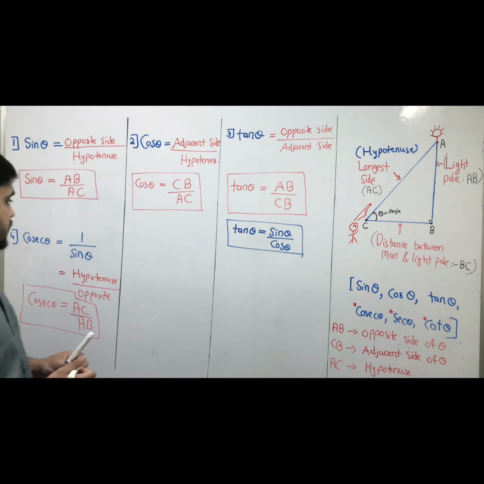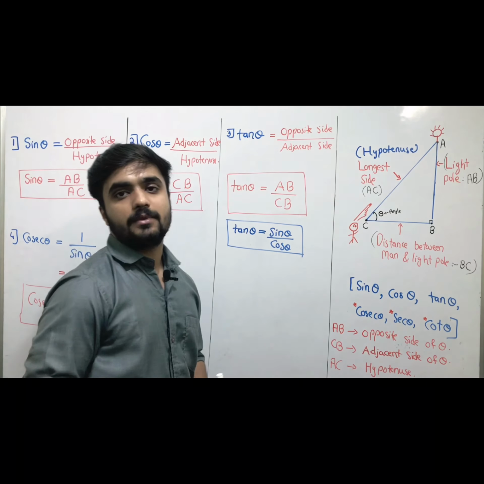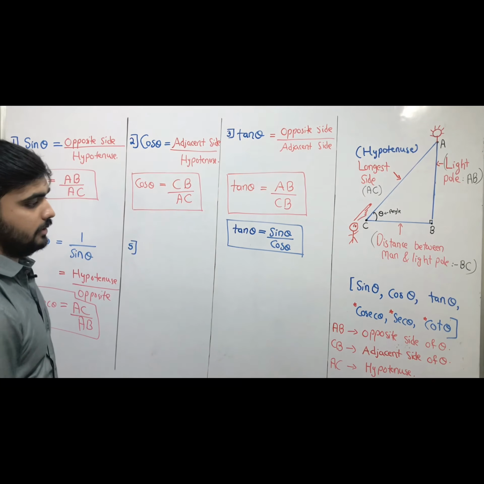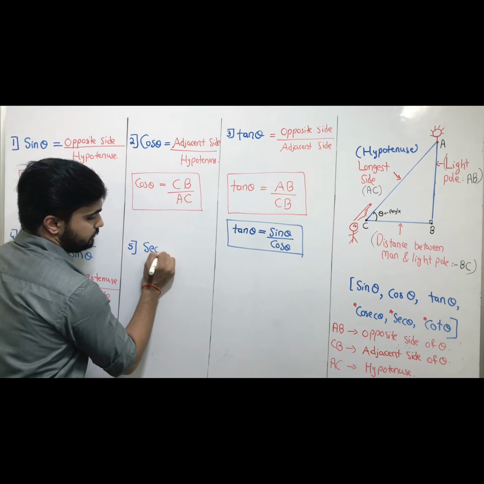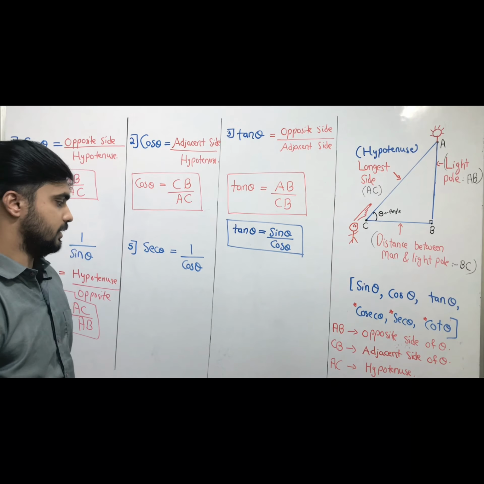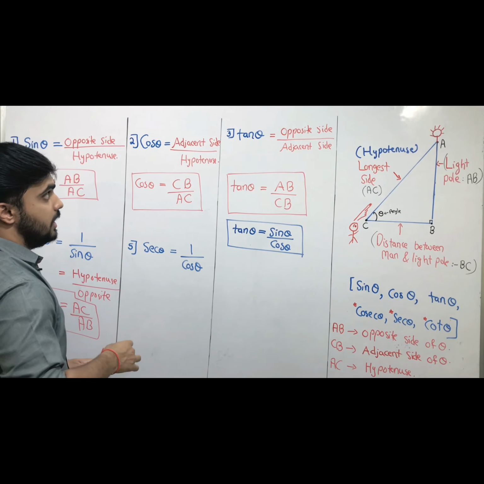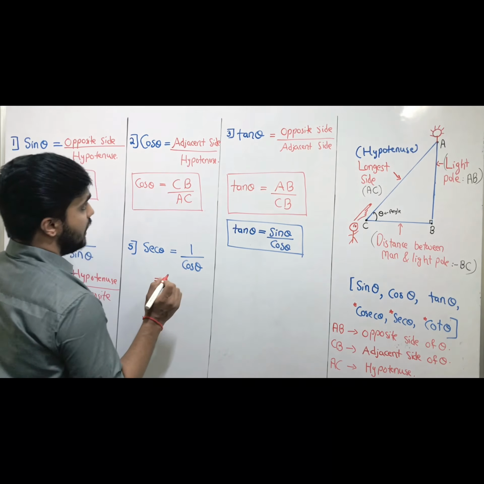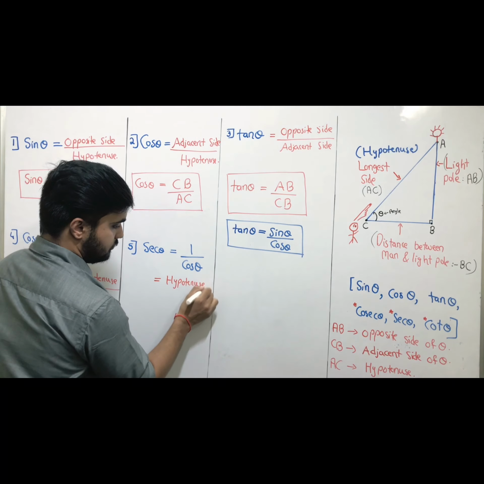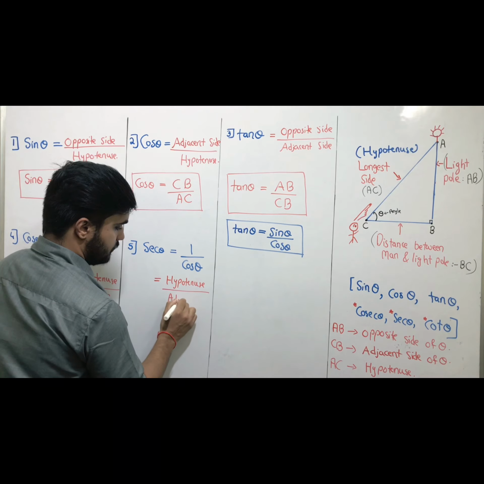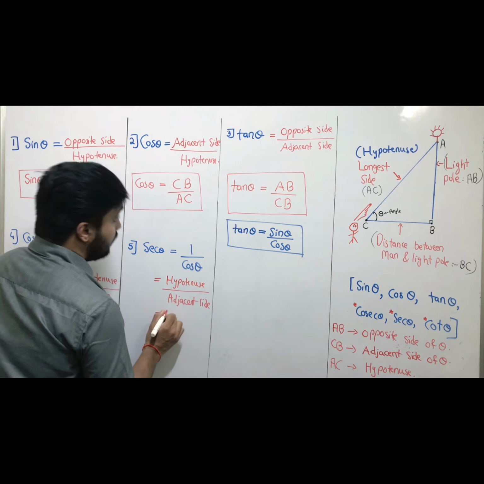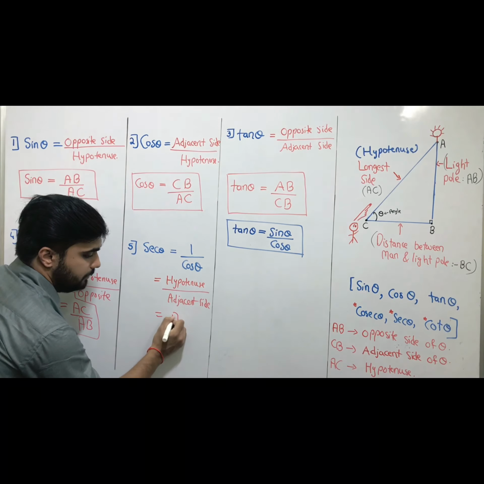So our next trigonometric function is sec theta. Similarly, sec is inverse of cos theta. So we can write sec theta is 1 upon cos theta. That is hypotenuse upon adjacent side. That is AC upon CB.